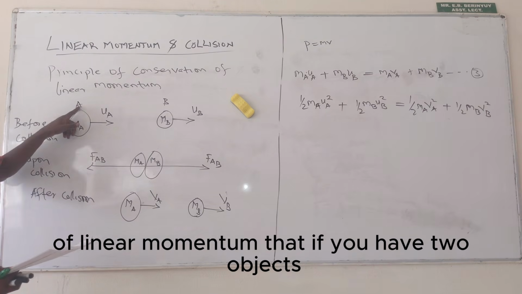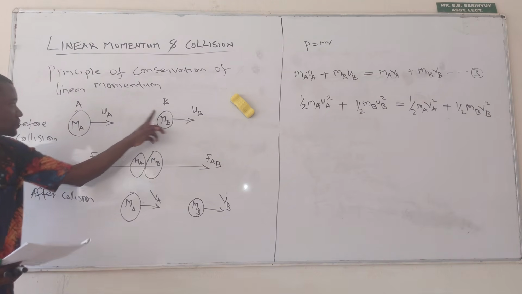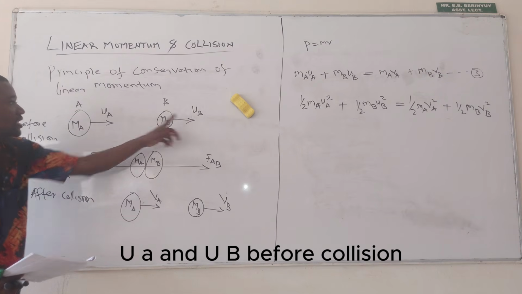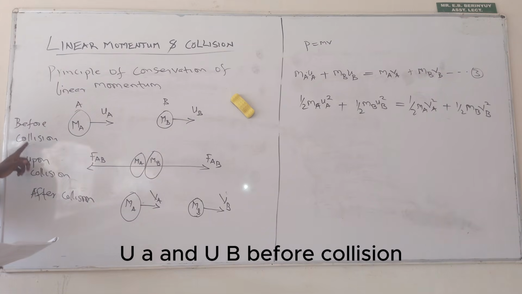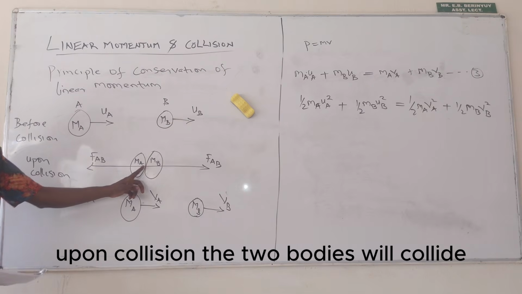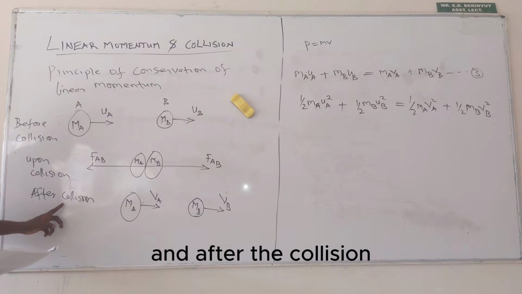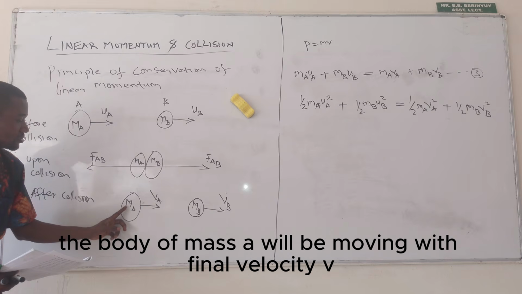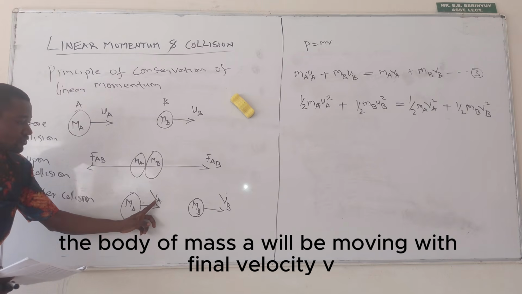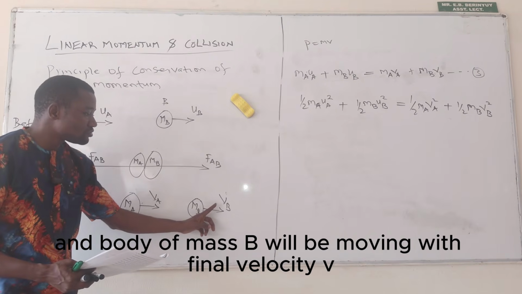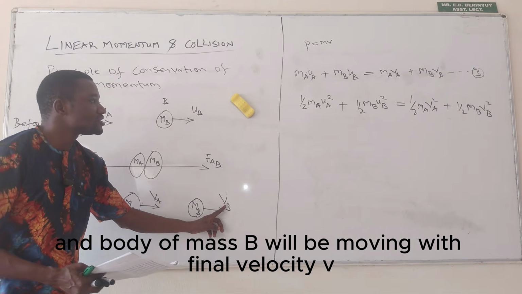So this is what we are saying, that according to the principle of conservation of linear momentum, if you have two objects A and B moving with initial velocities UA and UB before collision, upon collision the two bodies will collide, and after the collision the body of mass A will be moving with final velocity VA and body of mass B with final velocity VB.